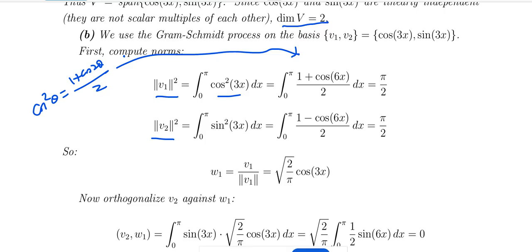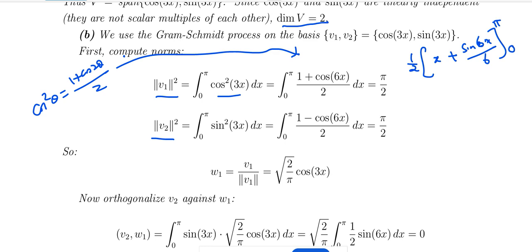Here the limit is just 0 to pi, so we can take 1 by 2 outside. Integrating 1 gives x, and integrating cos gives sin, so sin 6x divided by 6, from 0 to pi.